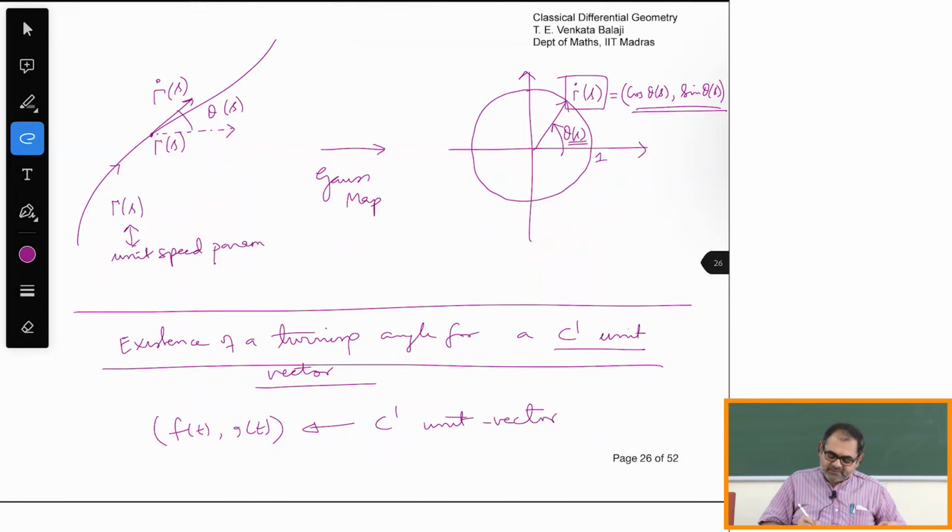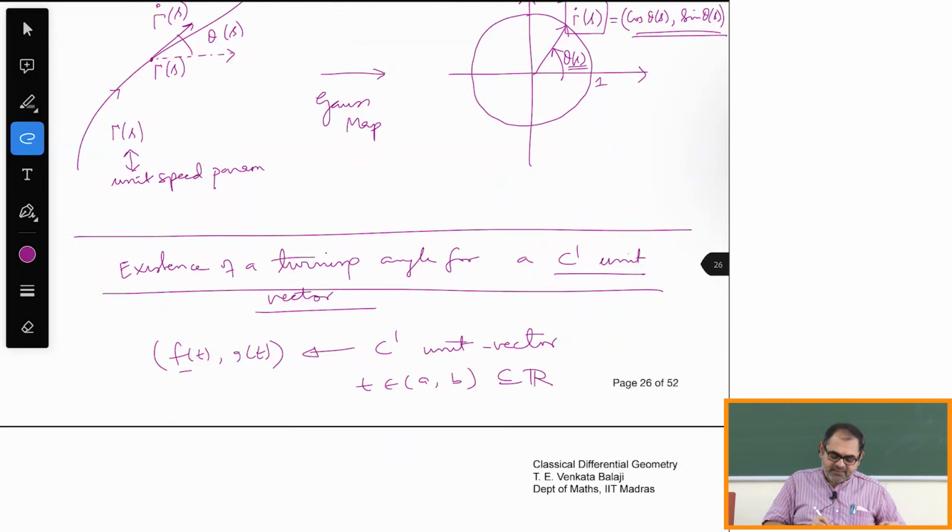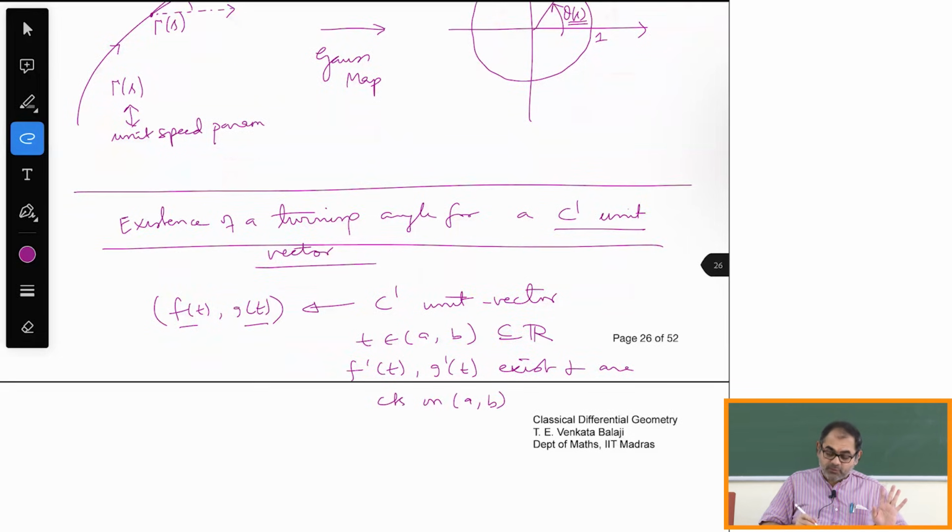That means that t is varying on some interval a b on the real line, and C1 means f and g are continuously differentiable. So f dash of t and g dash of t exist and are continuous on a b. That is the assumption, and it is also a unit vector.